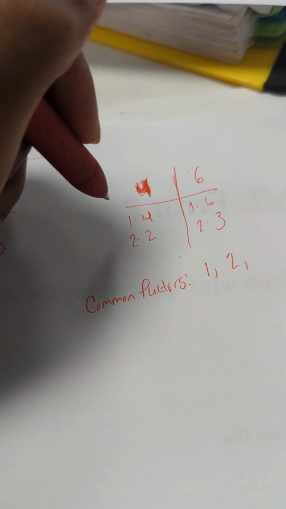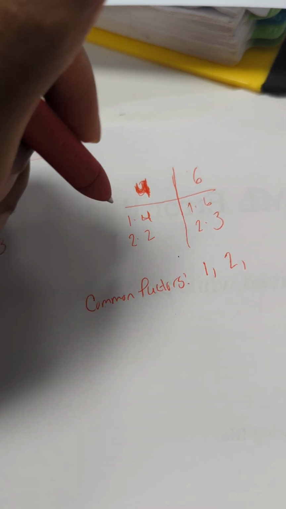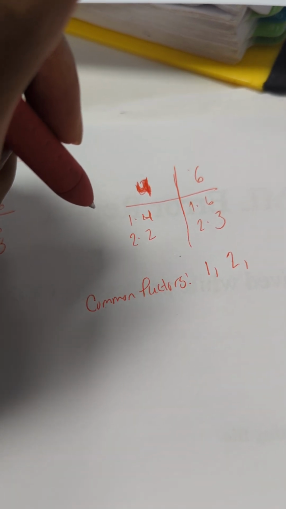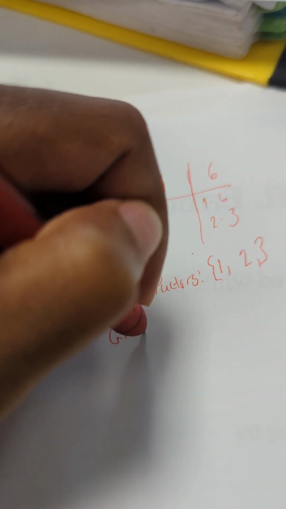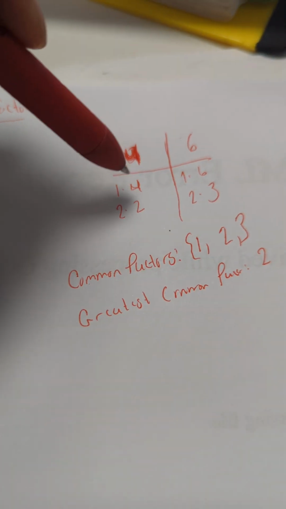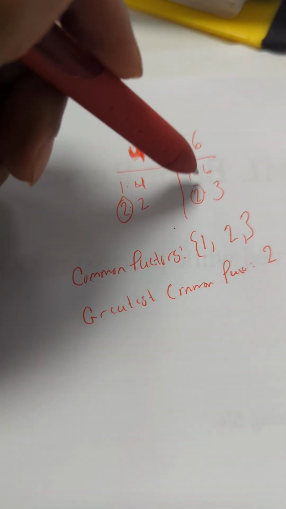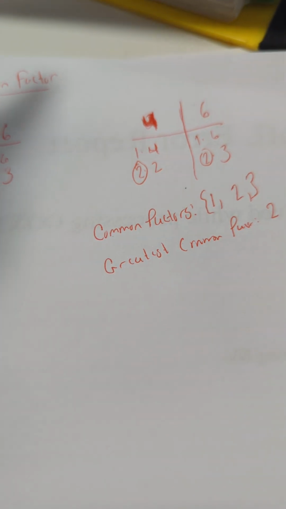So 1 and 2 are common factors. So what is the greatest common factor? The greatest common factor is 2 in this example because 2 is common to both 4 and 6.